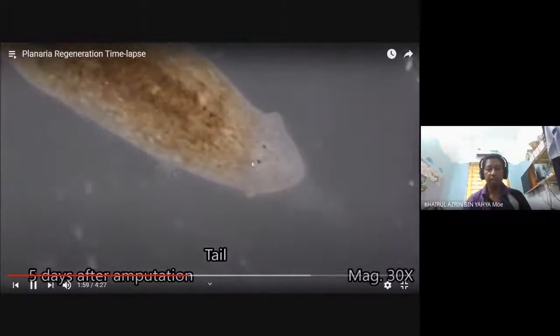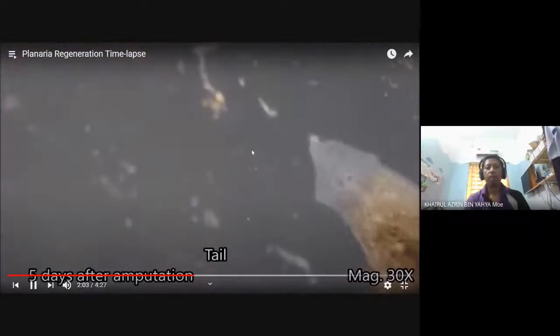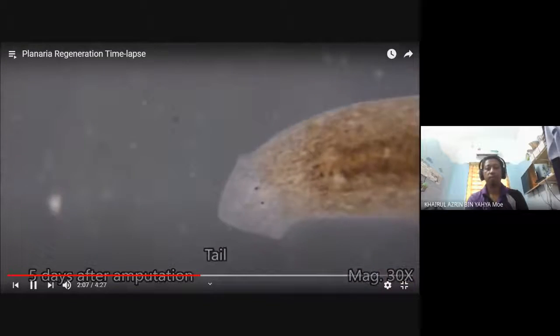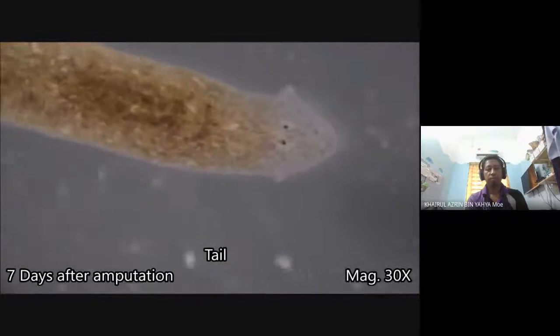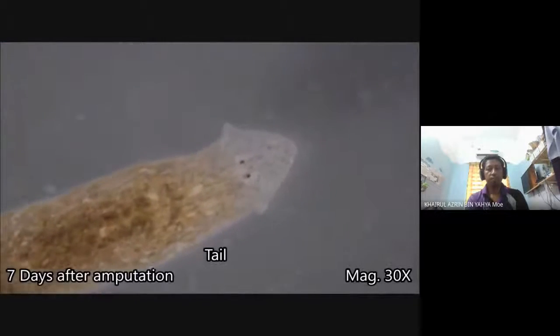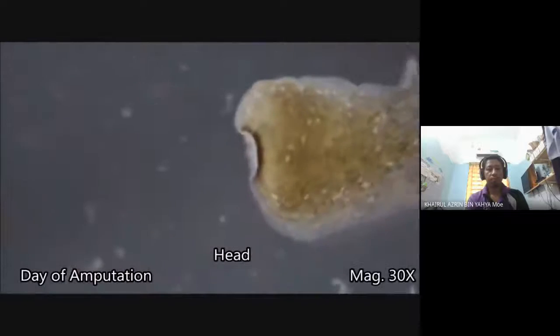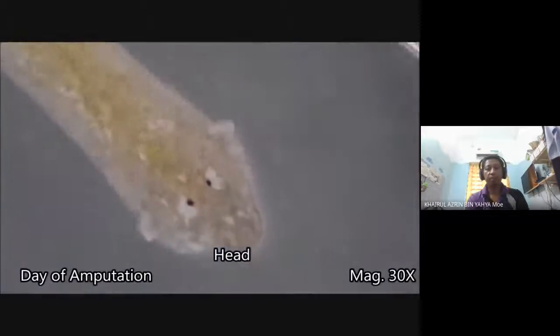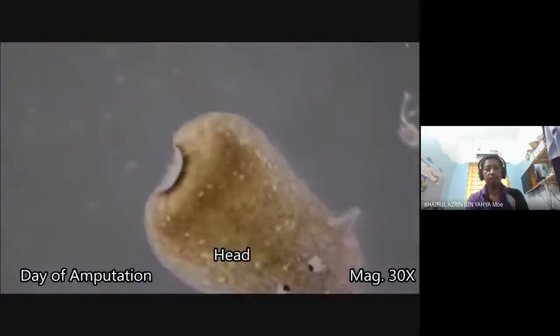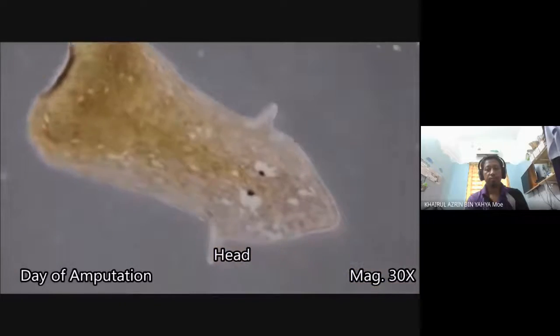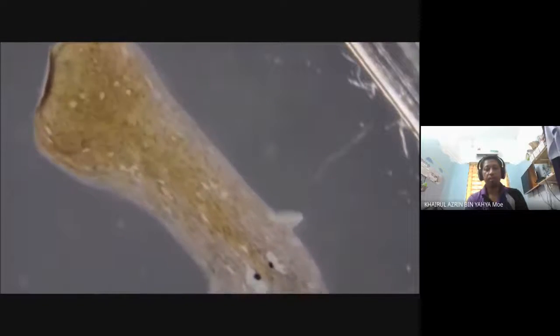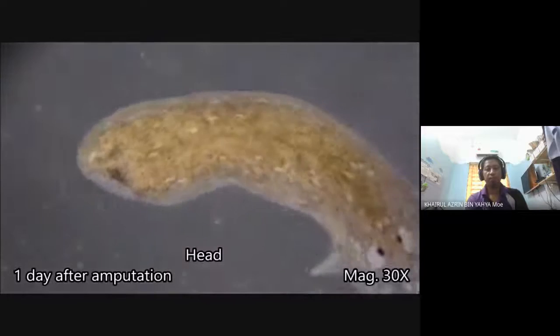This is the eyes. Ada mata. This is the head part. Bahagian kepala. Ini hari pertama. The first day of amputation.